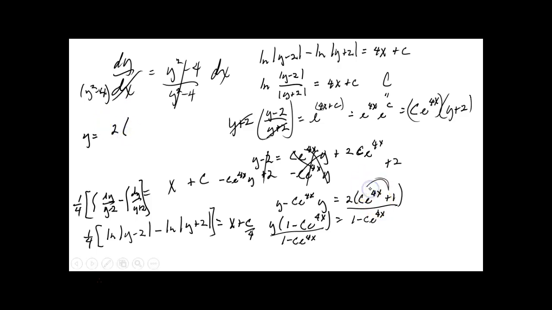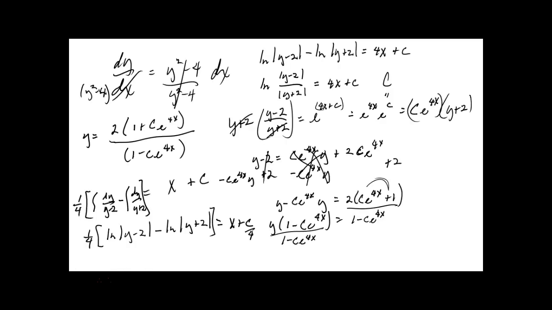It doesn't matter, it's adding. 1 plus C e to the 4x divided by 1 minus C e to the 4x. Okay. Now, that's a 1-parameter solution. C is the same C. It's just written in that form.